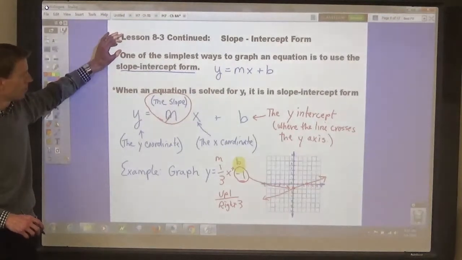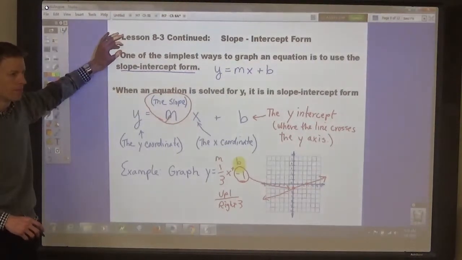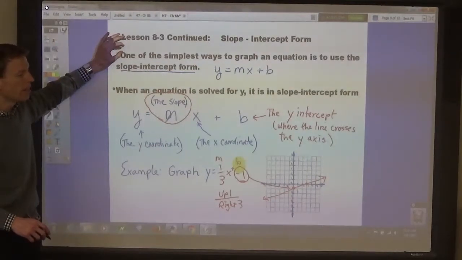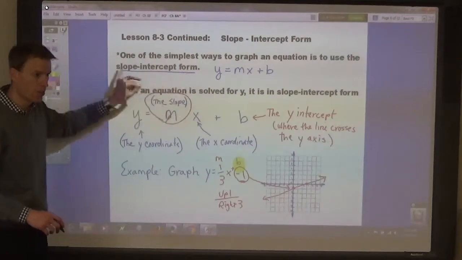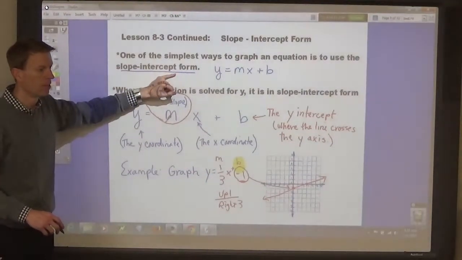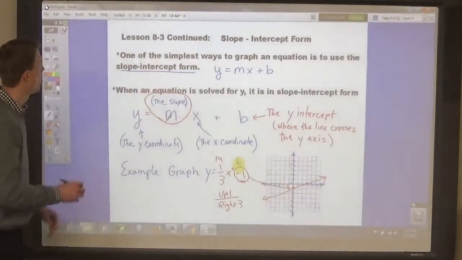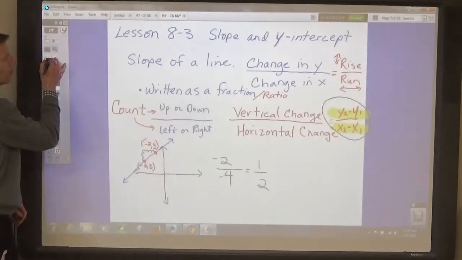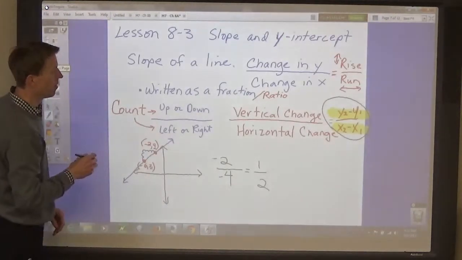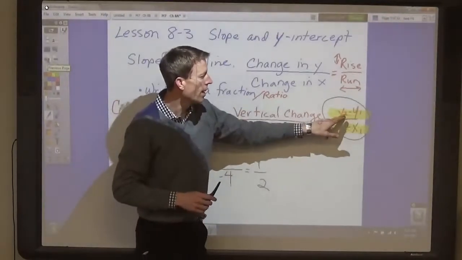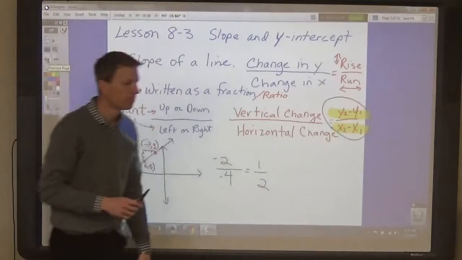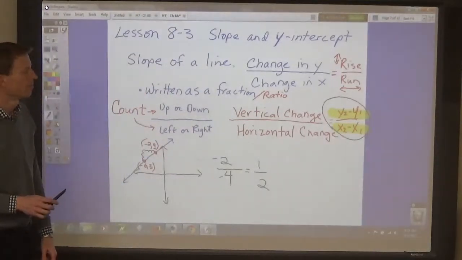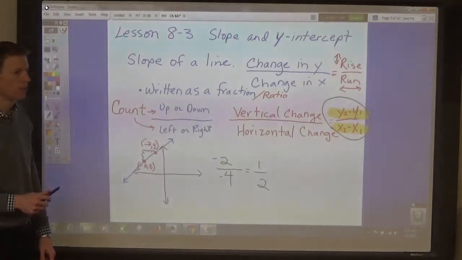Roy, is that question number 2 on our quiz? Is that what you said? No. That's not the slope formula. This is the slope-intercept formula, or the slope-intercept form. Where's the slope formula? The slope formula was right here. y2 minus y1 over x2 minus x1.